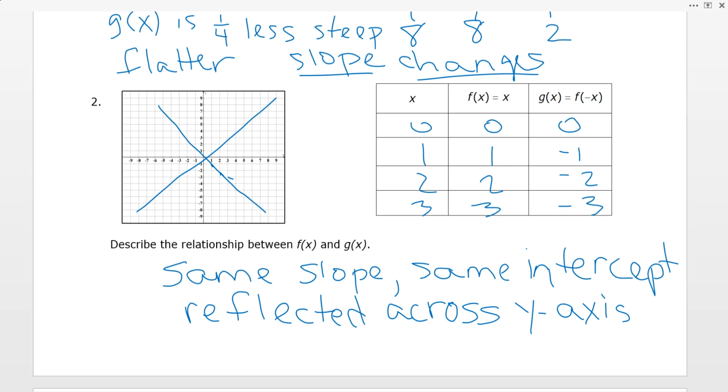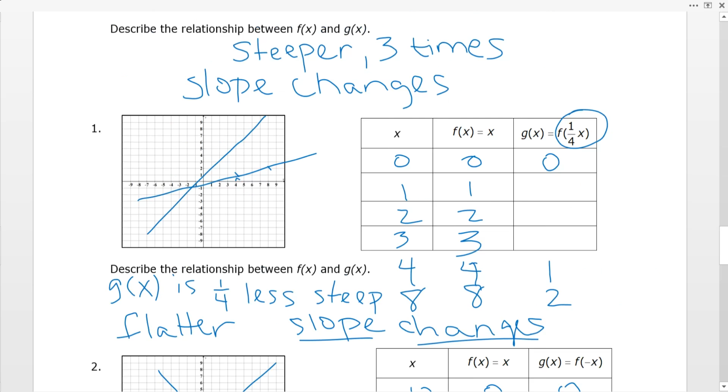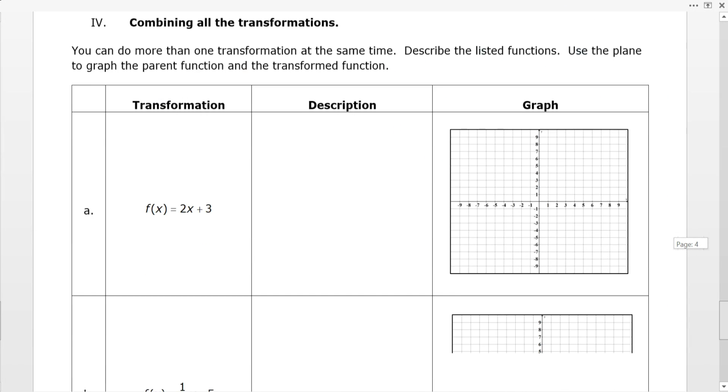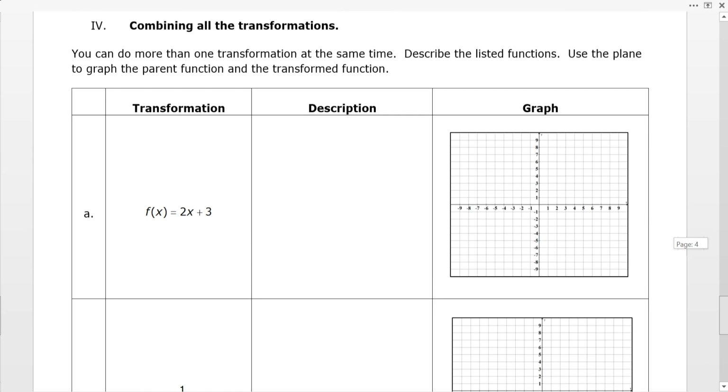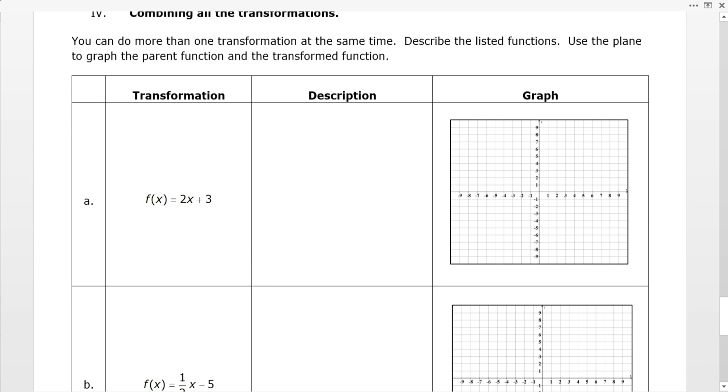The last part, I'm going to do the descriptions and I'm going to let you draw the graphs. So let's think about what happens if we have multiple transformations happening at the same time. So for example, and this first one, remember this changes the slope and the second number changes the intercept. So from the parent function, remember we're starting with the parent function.